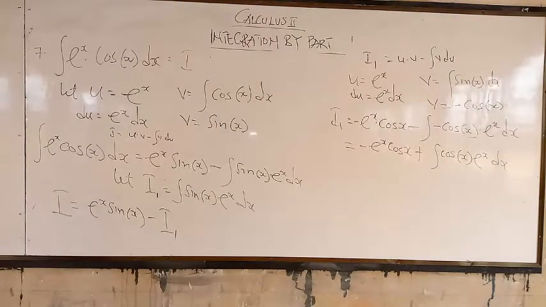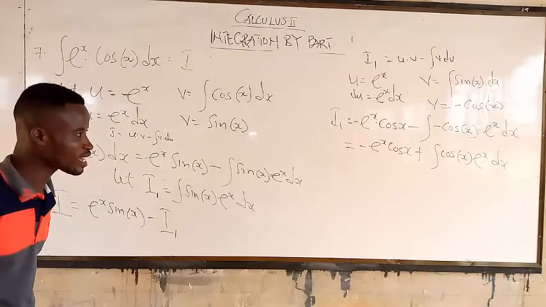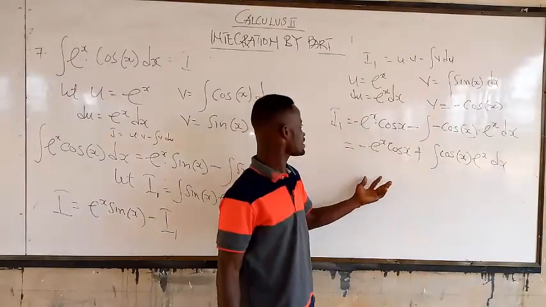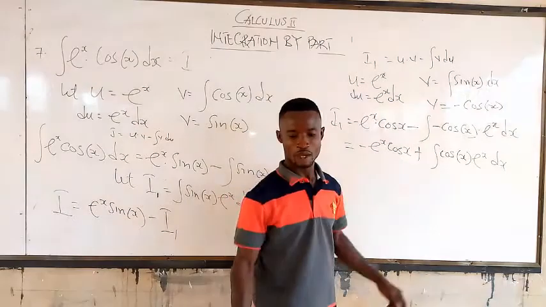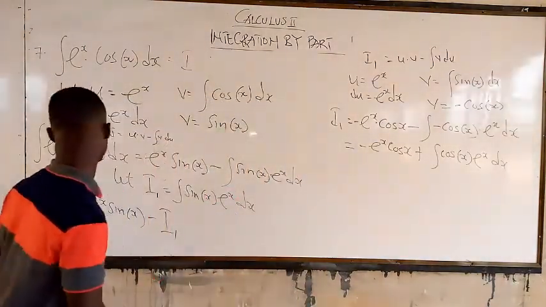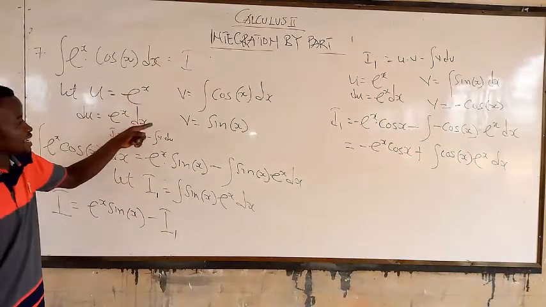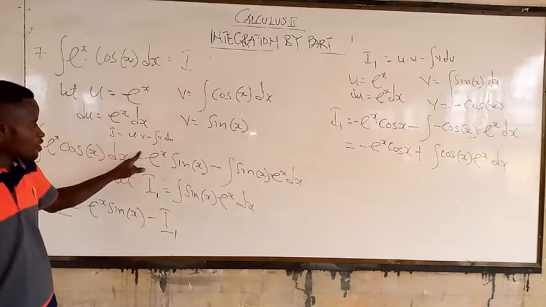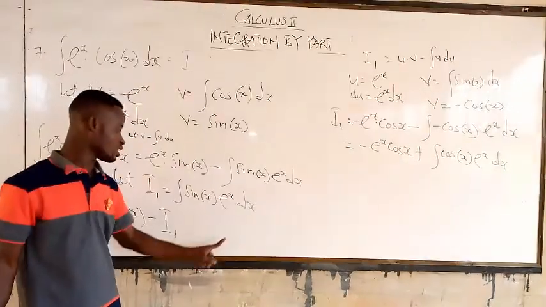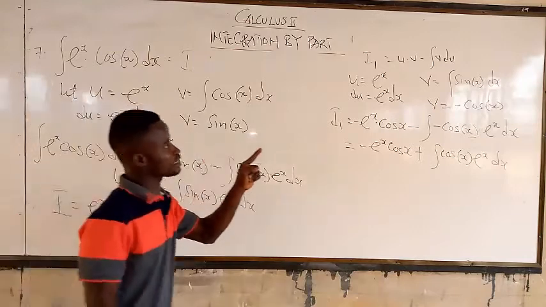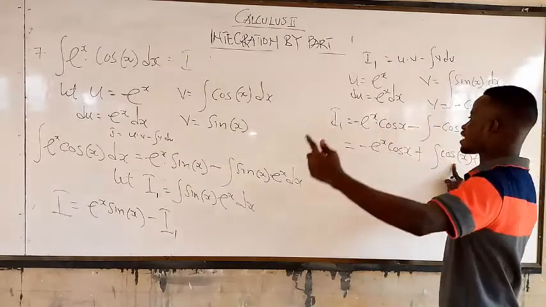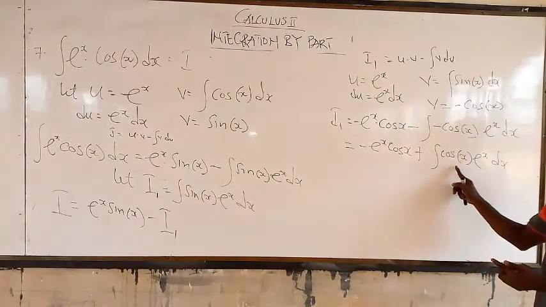Therefore, I would like us to do something. We don't want to go again by saying let I2 be equal to this, because see something. Initially it was cos. After the first by parts, we had sine. After the second by parts, we are having cos. When you go for the third by parts, you get sine.